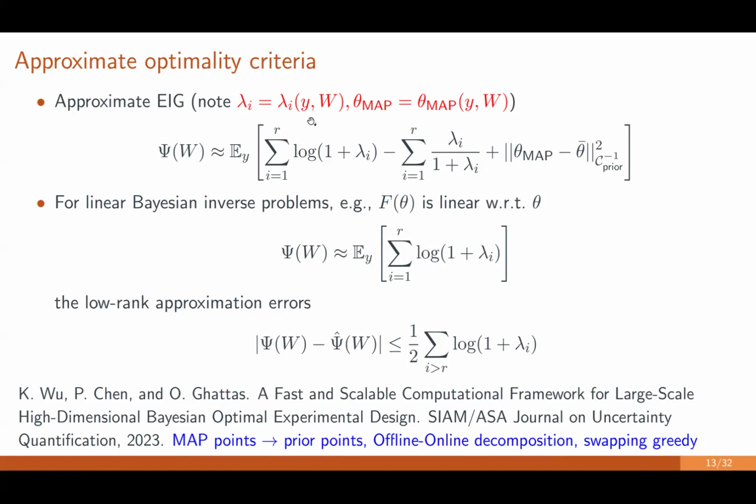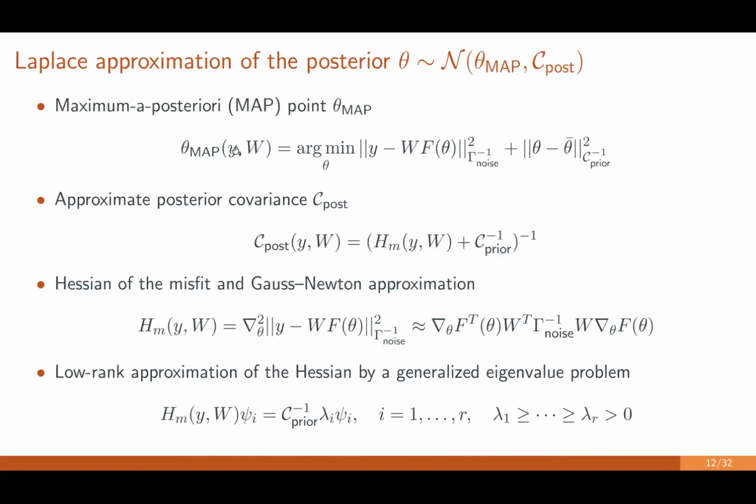But here, all these eigenvalues lambda_i and the MAP point depend on the data and design, because when you solve the inverse problem or optimization problem, it depends on the data Y and also the design. And this Hessian term also depends on this W here. But if you use a Gauss-Newton approximation, then it's free of data.